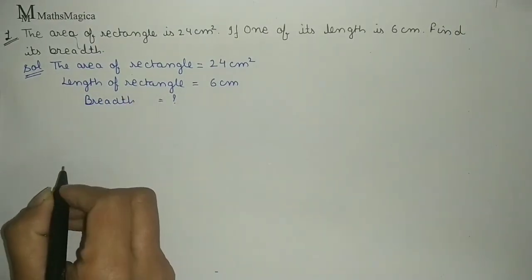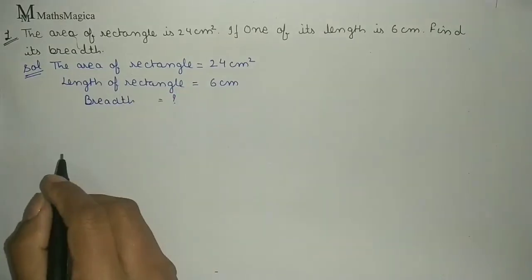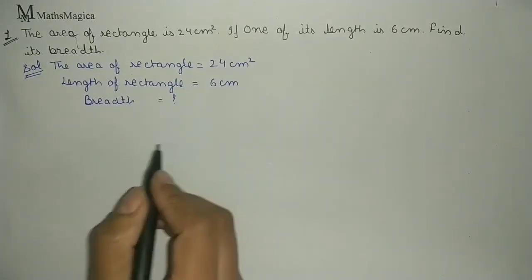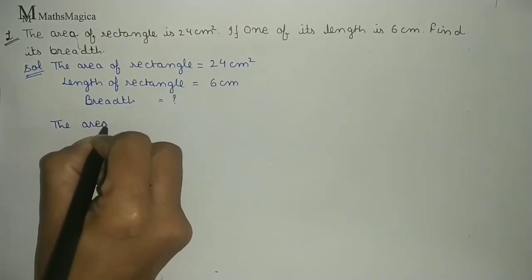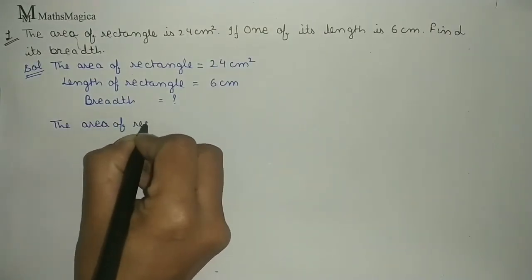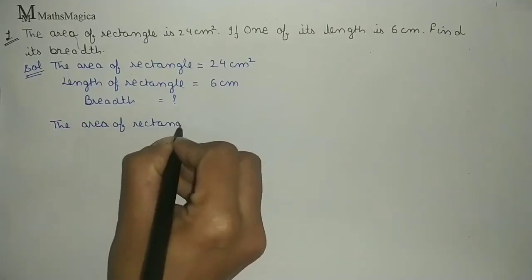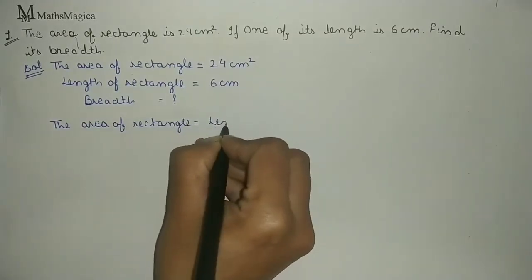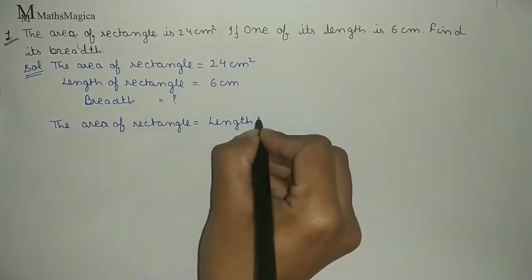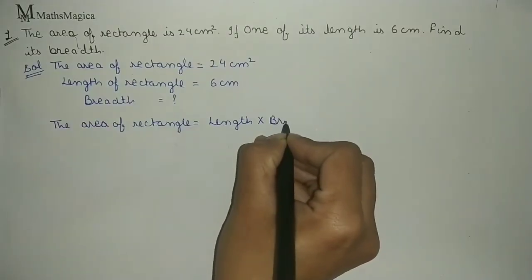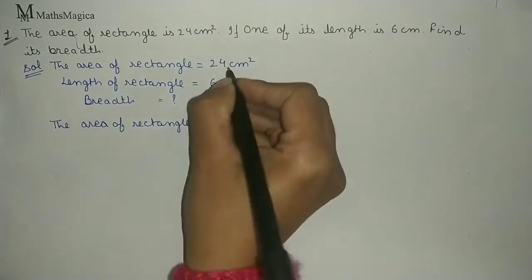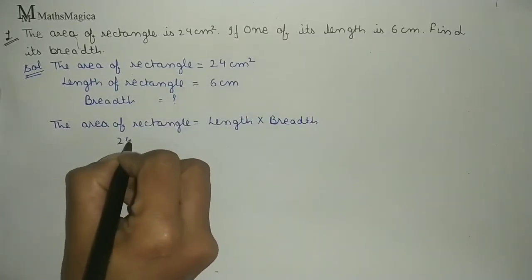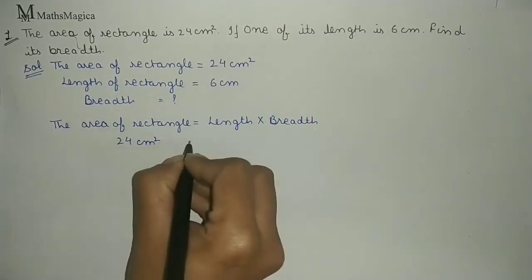Apply the formula of the area of rectangle is length multiply its breadth. The area of rectangle is equal to length multiply its breadth. Put the values. Area of rectangle is 24 cm square given.